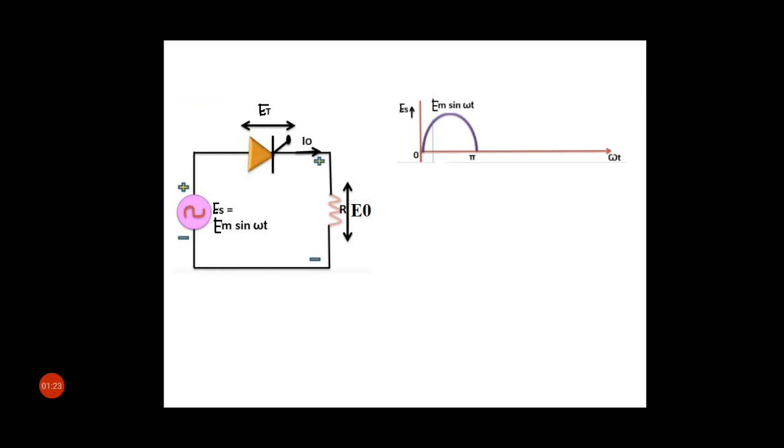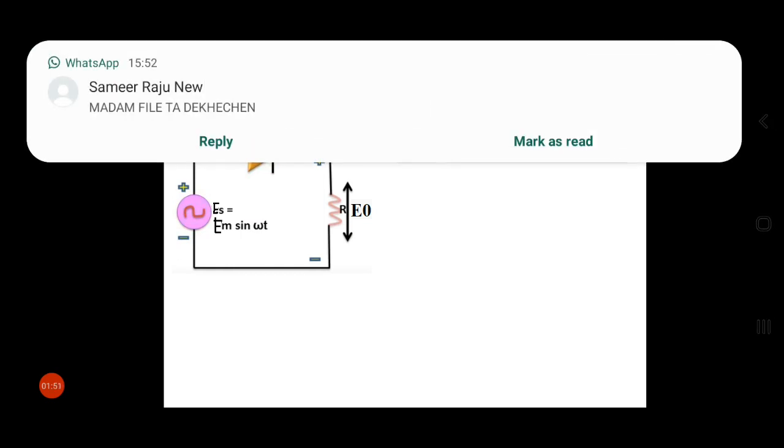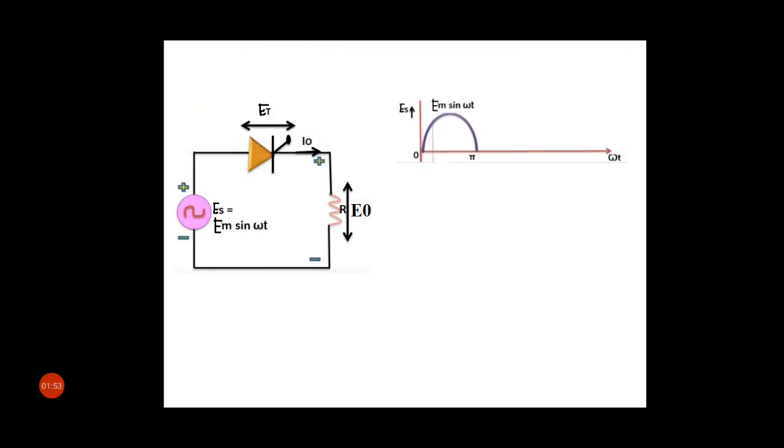All the voltage drops only across the thyristor. Consequently, no load current flows during this interval, that is, during the time 0 to alpha.